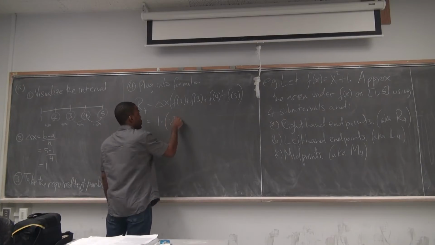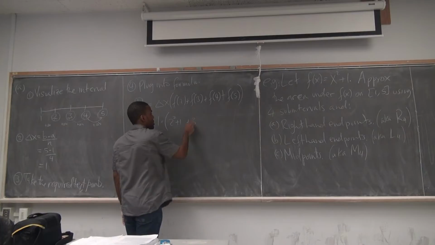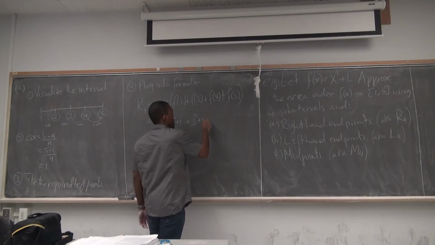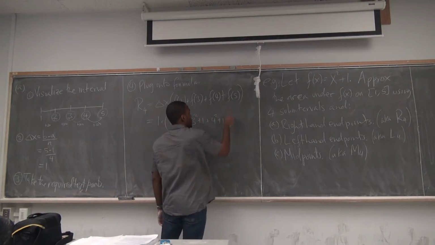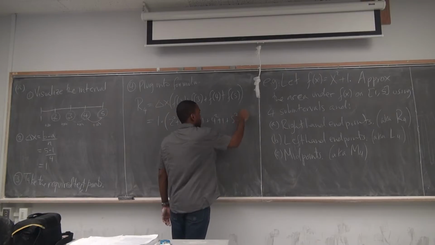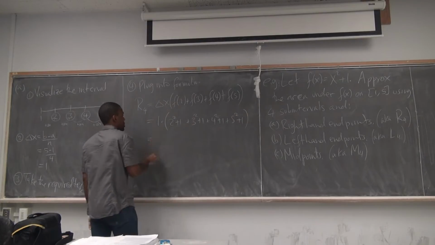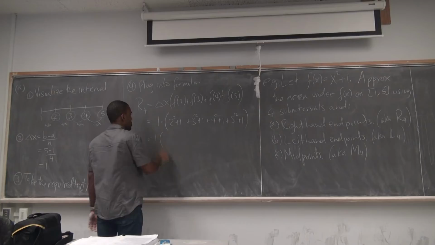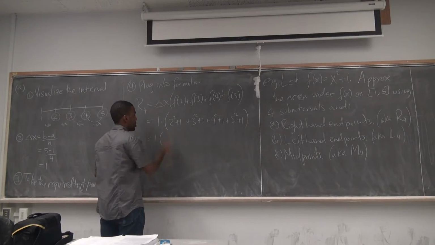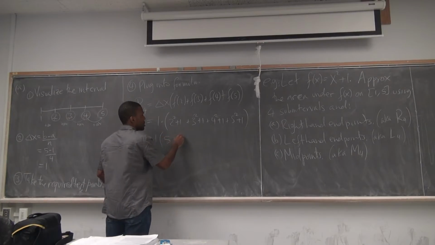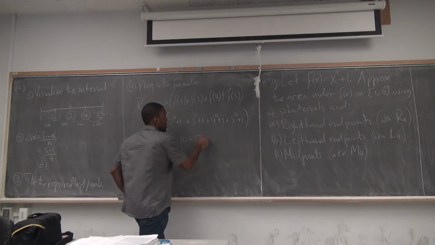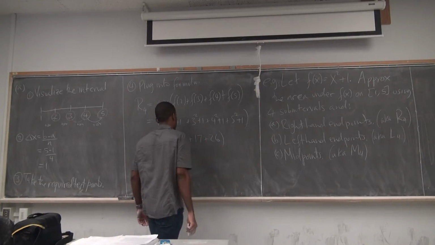Right, 2 squared plus 1. Plus this guy is going to be 3 squared plus 1. This guy is going to be 4 squared plus 1. This guy is going to be 5 squared plus 1. In other words, that's 5 plus 10 plus 17 plus 26.